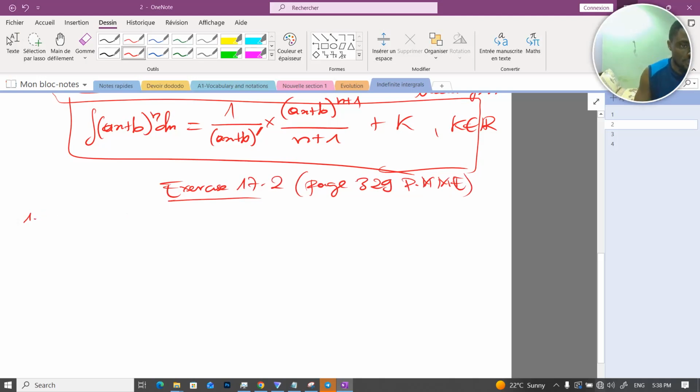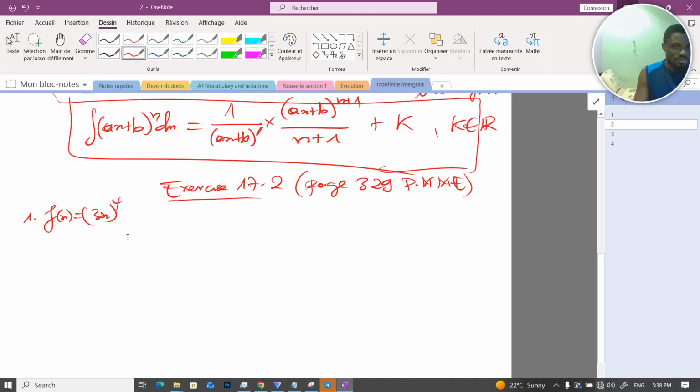The first one, we're asked to integrate f of x, which is equal to 3x to the fourth. Here, basically, you can decide to develop this and use the first formula, that is the integral of x to the n. But let's try to integrate this using this formula.